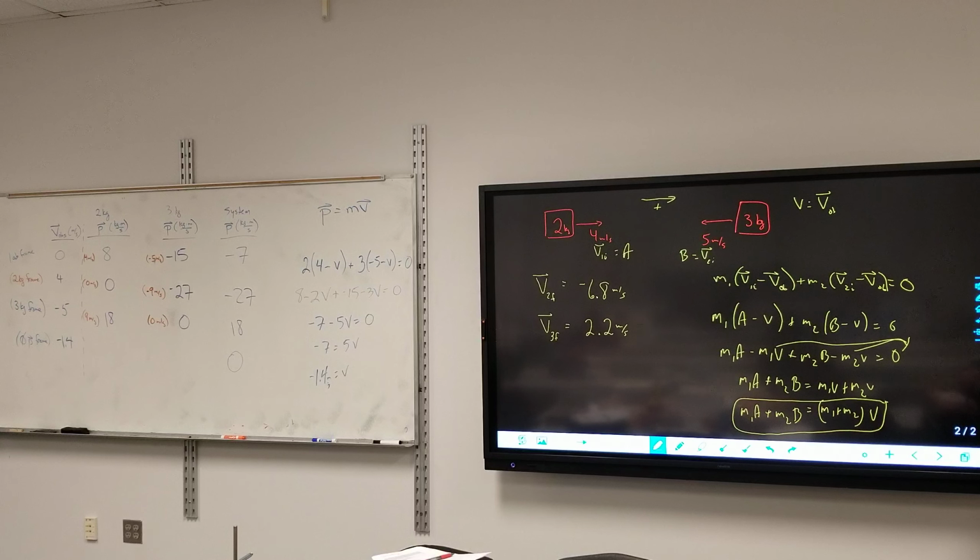M1A plus M2B equals M1C plus M2D. You're in the right area. M1 parentheses A minus C equals M2 parentheses. Do you see a negative 1.4 showing up somewhere from your areas from last week? Oh, there it is. No, that's what we just did.